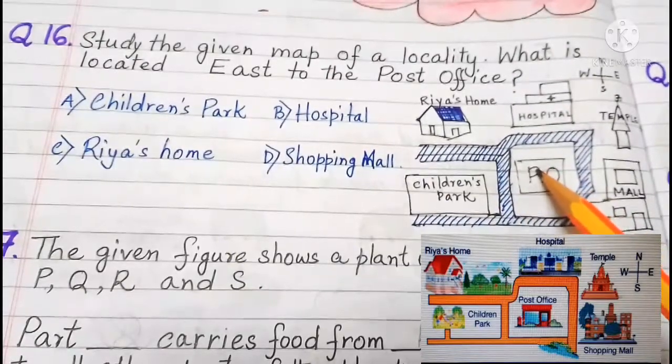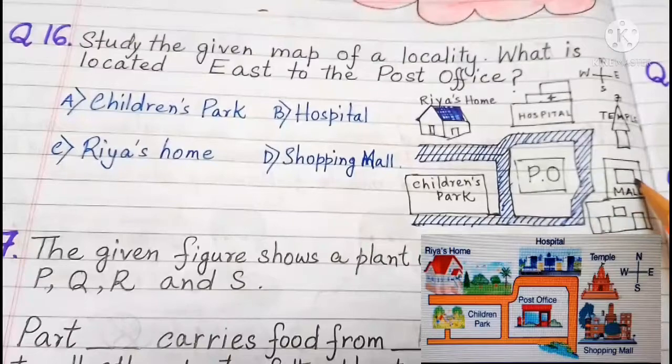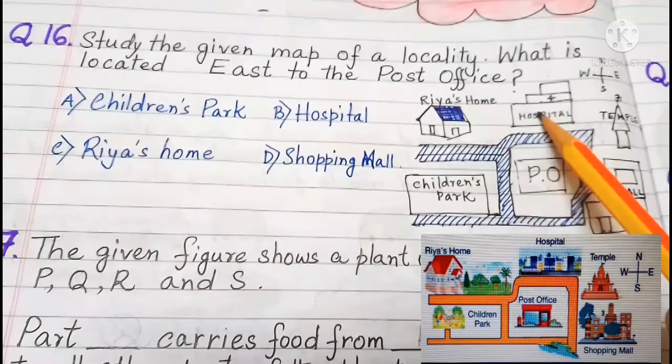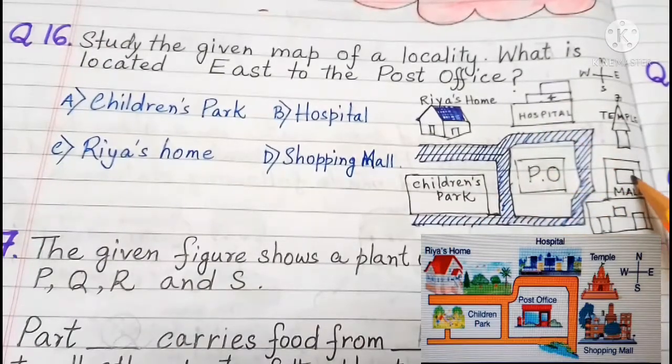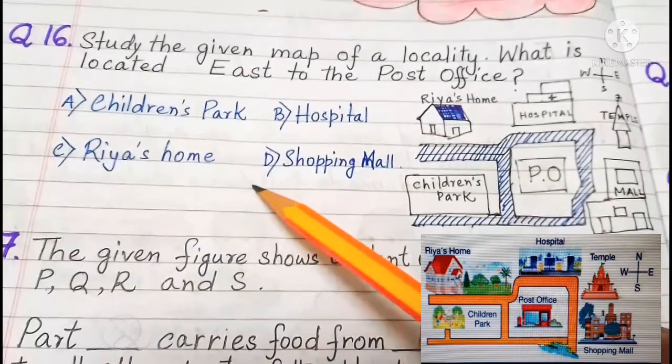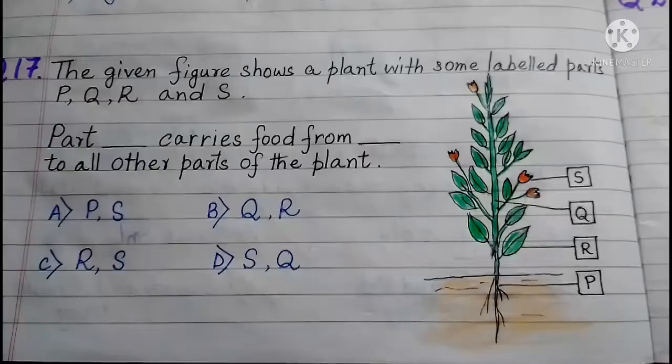Now if this is post office, east means this side and west means this side. So west you have Children's Park, on the north you have hospital, and on the east side, you have the shopping mall. So what will be the answer? It will be shopping mall.